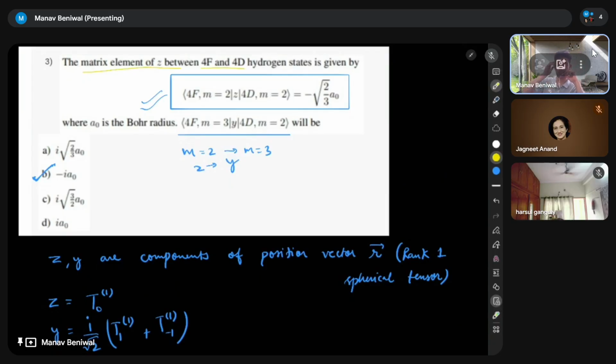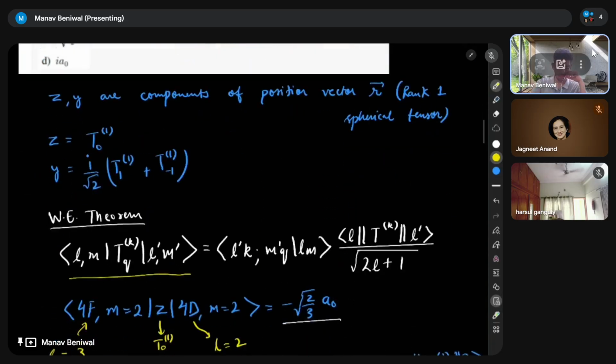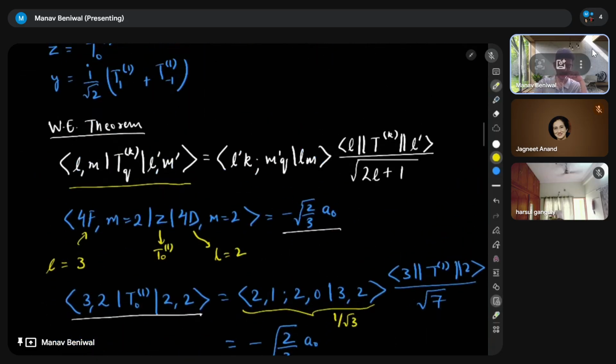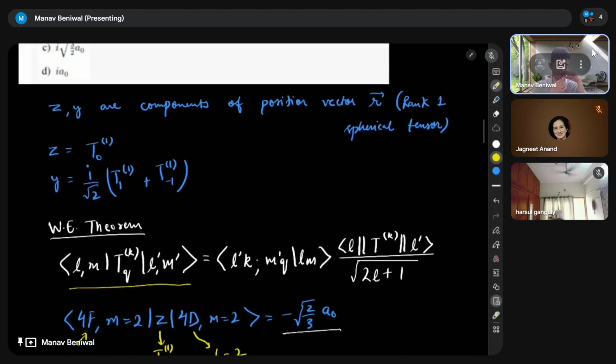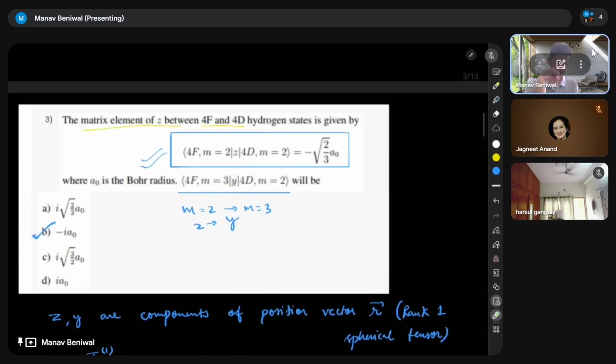Because we are in the same state, this second term in the Wigner-Eckart theorem only has L dependence, right? There is no M. So we have L, L prime and L. If you compare these two, here we have L as 3, L as 3, and here L is 2, L is 2.